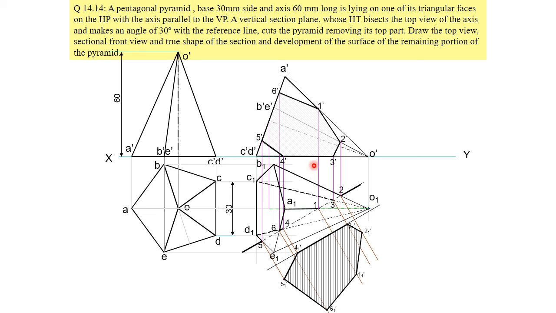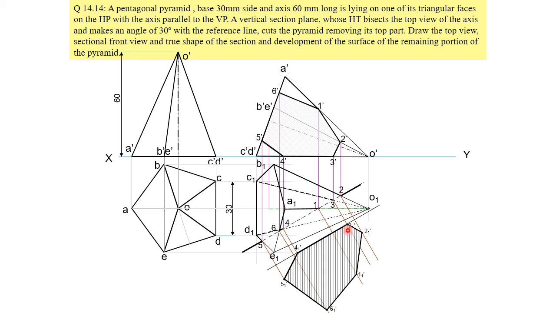Similarly 6 over here, one perpendicular from xy passing through the 6 dash, up to 6 dash. We need to measure it and mark from here. Then you will know, and similarly all the points.